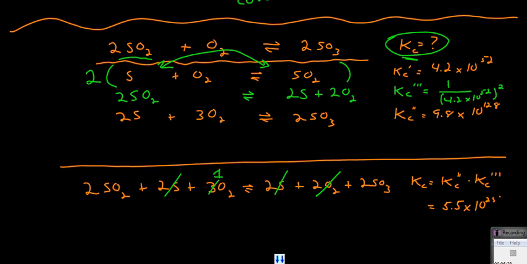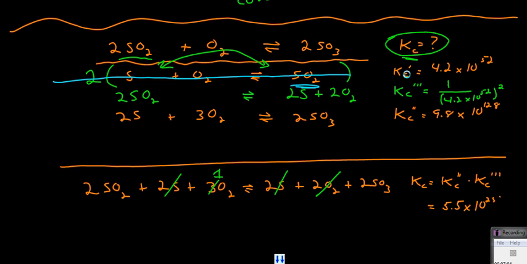Now, currently, if we just added up these two reactions that were given, we would have sulfur dioxide on the right side of the equation, but we need two sulfur dioxides on the left. And so we'll need to flip this overall reaction, but also in order to get two sulfur dioxides on the left, we need to double the amounts of everything in that equation as well. And so by flipping and doubling that reaction, we get 2 SO2 gives 2 sulfur plus 2 O2.